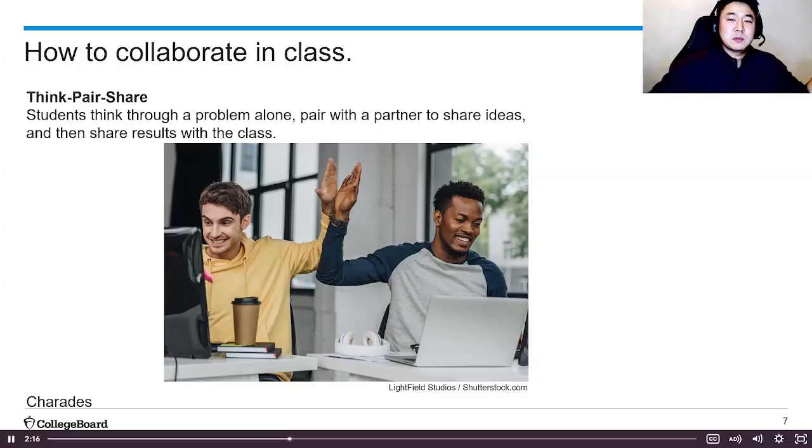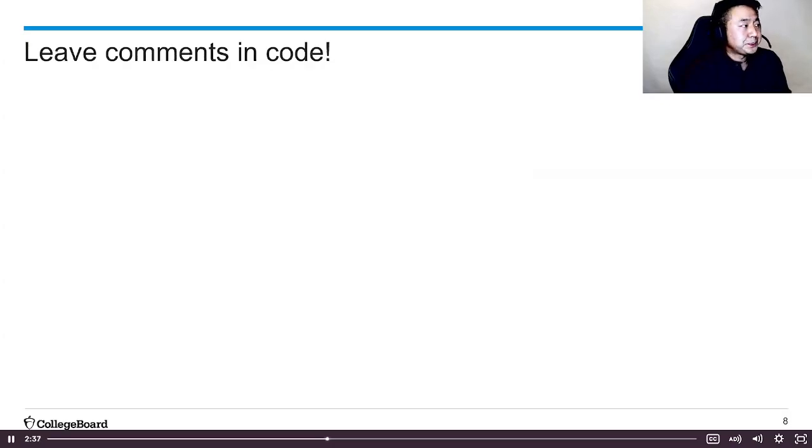It's because the idea sort of persists in your head. So when you think about a problem alone, you don't have their thoughts or ideas coming into your bias, and it kind of keeps it, I guess, independent. And if they come together again and they're the same thing, that's fine. And if they're different, that's great because you can kind of collaborate and figure out what works best for that problem.